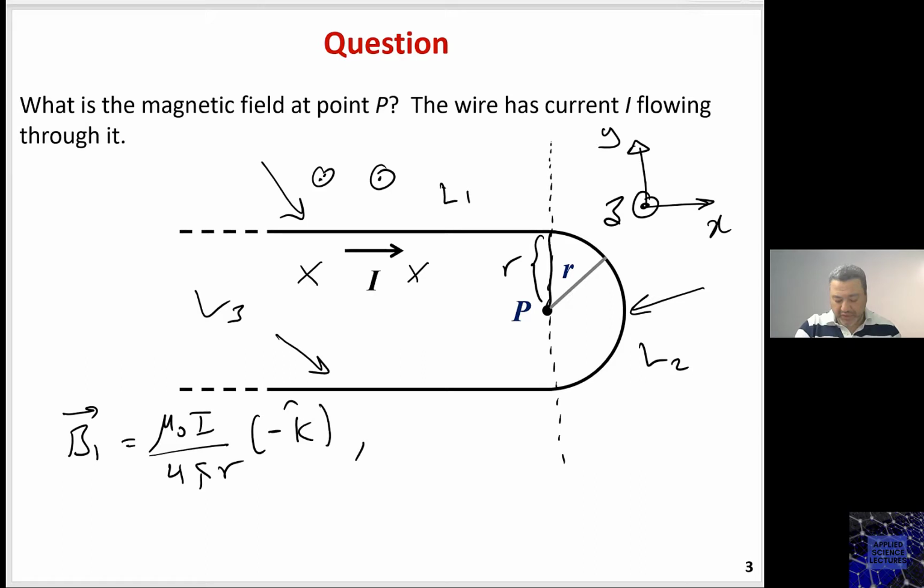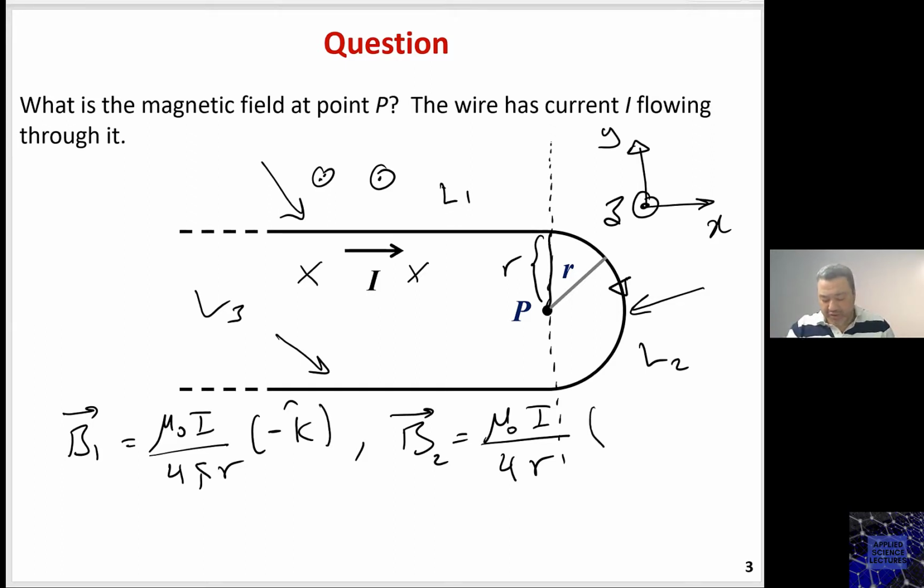Also, the magnetic field due to the semicircular wire would be half, so mu naught I divided by 4r, and the direction is, again, the current is going this way. Now, using the right hand rule where the current is taking the direction of the fingers, then the thumb would be pointing into the page.